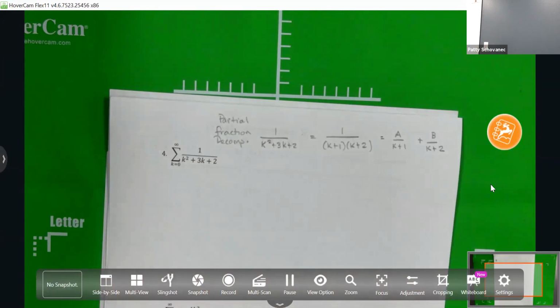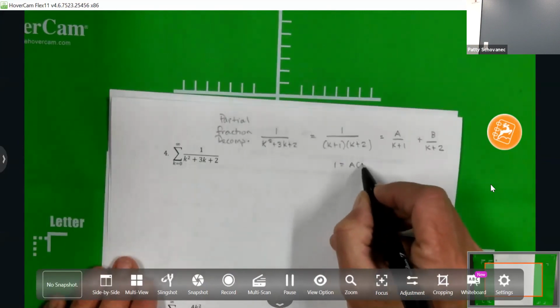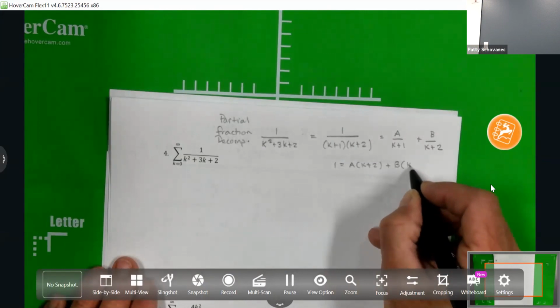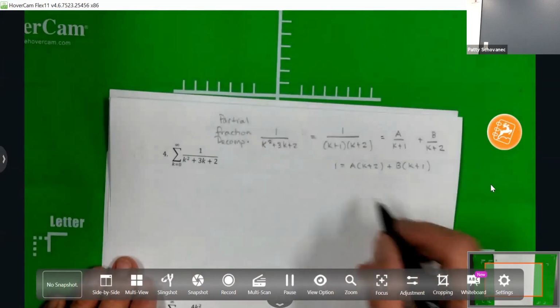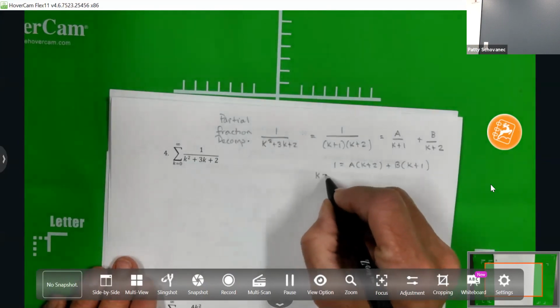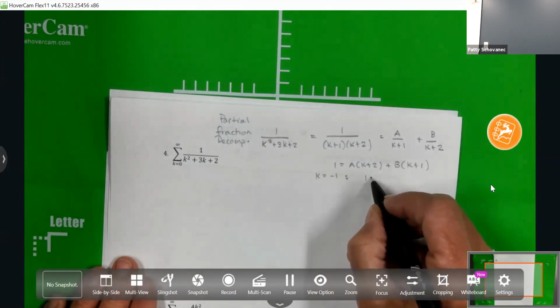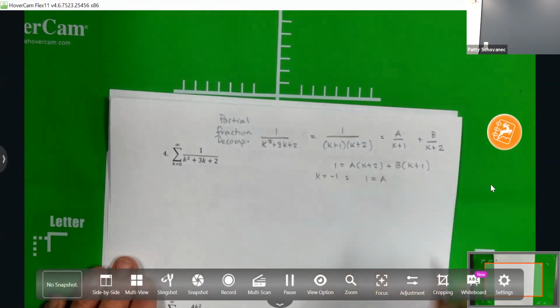So I'll race you. Let's have a race finding A and B. Isn't that fun? I'm going to multiply both sides by (k plus 1)(k plus 2). And I'll have a 1 up here, A times (k plus 2) plus B times (k plus 1). If k is equal to -1, I'll get A. So I have 1 is equal to A times (-1 plus 2), which is just 1.